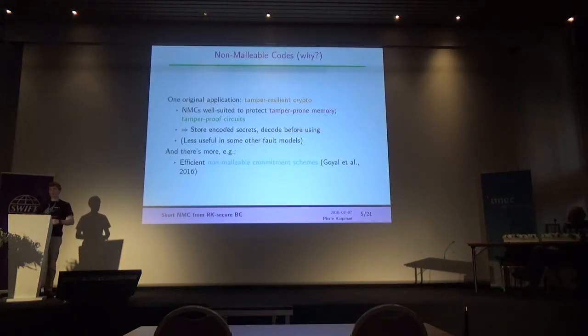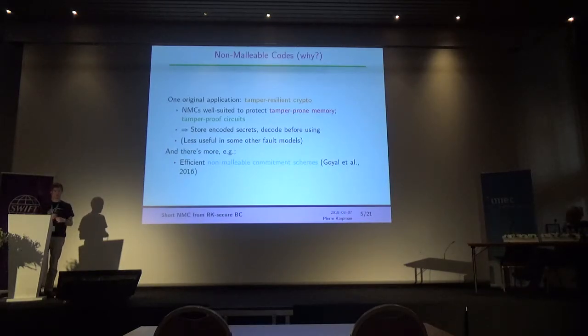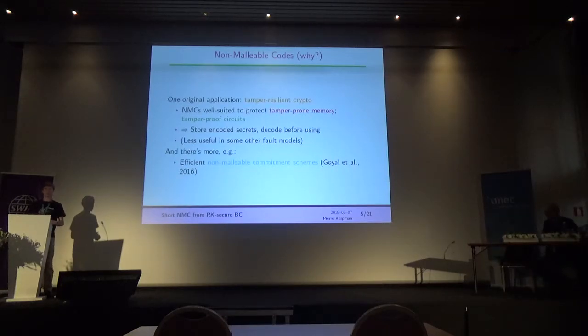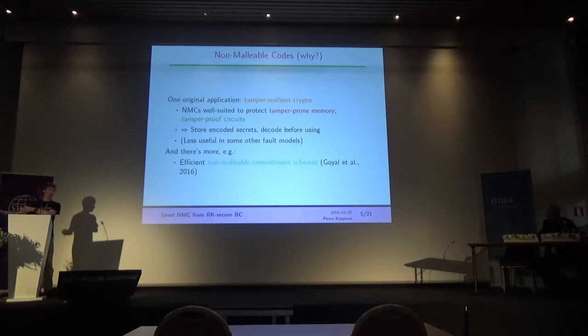So, for instance, if you assume that you're performing some computation with a tamper-prone memory, let's say some RAM, and you have a tamper-proof circuit where you can do the computations, then if you want to implement crypto on such a device, and you have a secret, what you can do is that before storing it in the tamper-prone memory, you first encode it with a tamper-proof circuit, then you store this encoded version, and when you retrieve it, before using the secret, you just decode it.